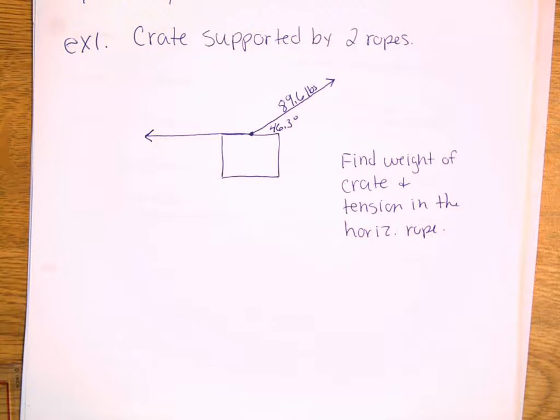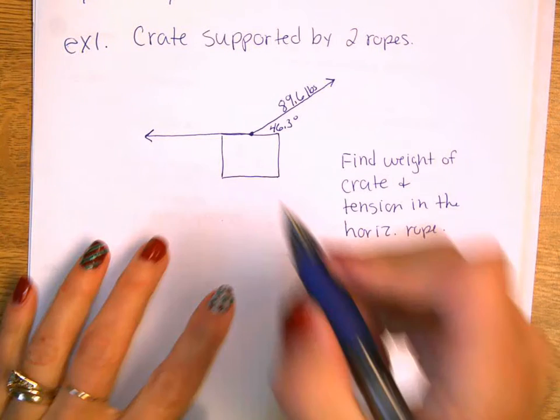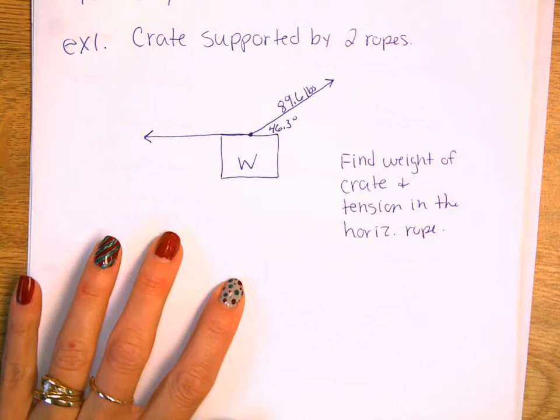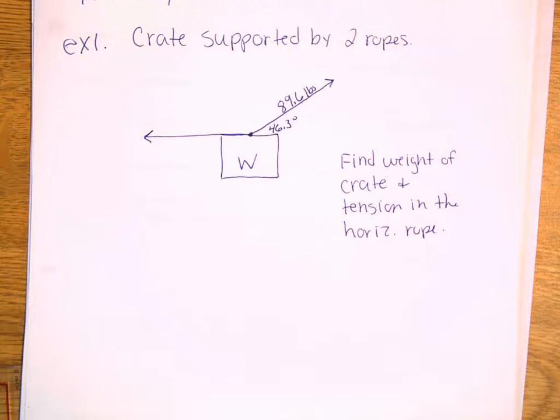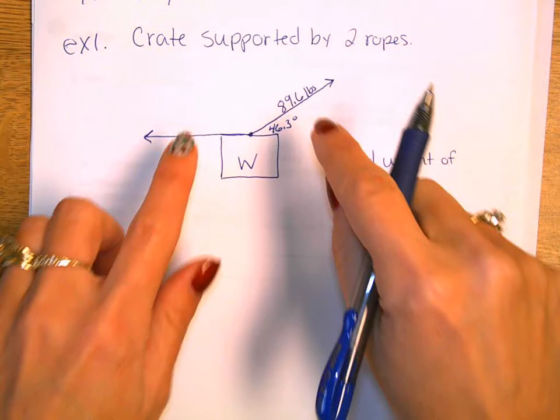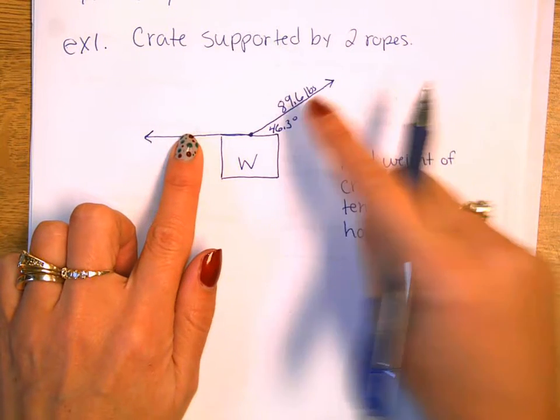So the physics going on here, you see the 2 ropes pulling out, supporting the weight of this crate. When it's asking you to find the weight of the crate, what represents the weight of the crate? The resultant. They have to support the weight.